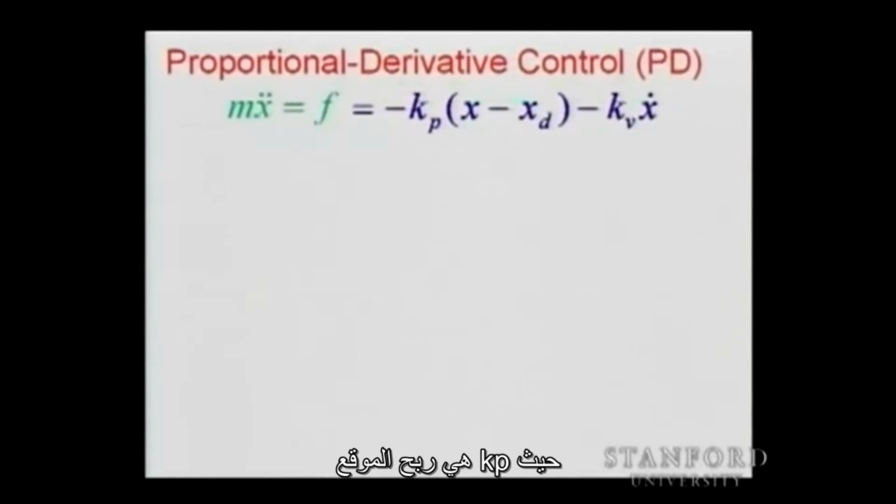So the kp is your position gain and the kv is your velocity gain.